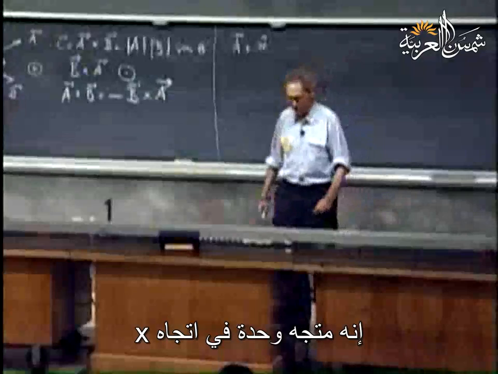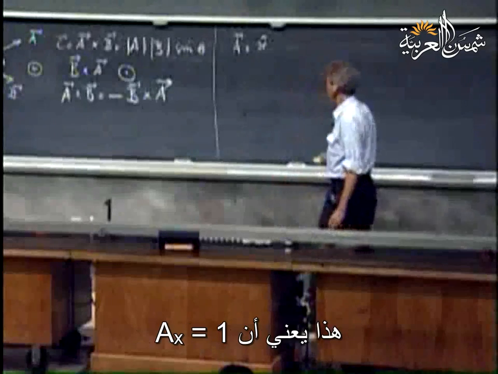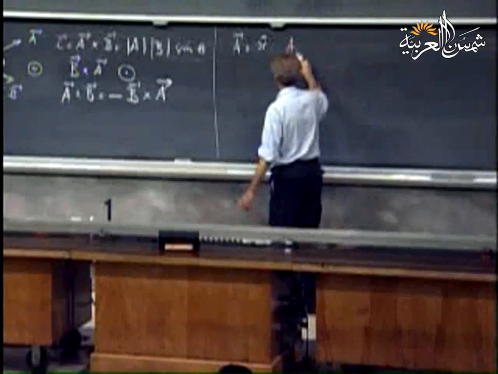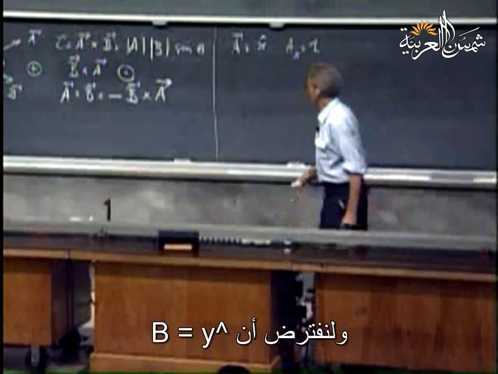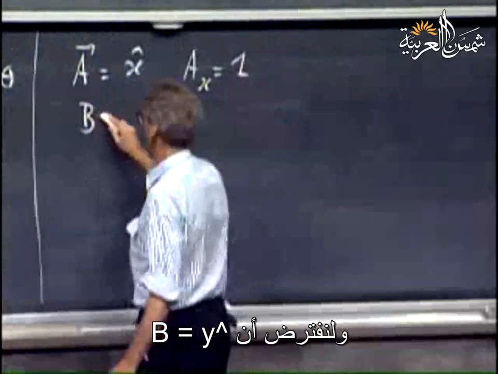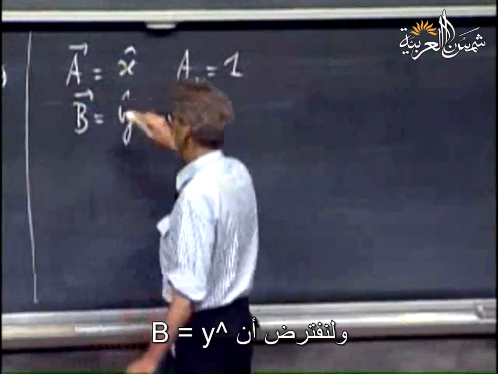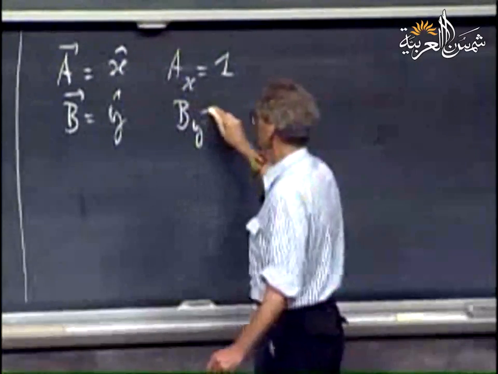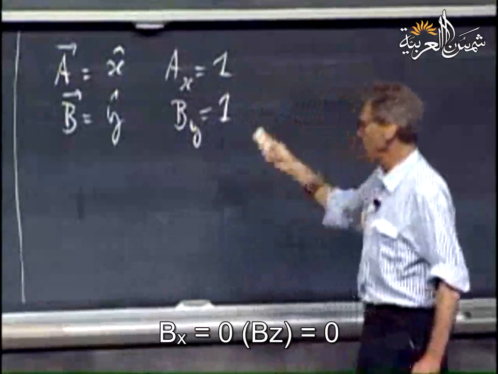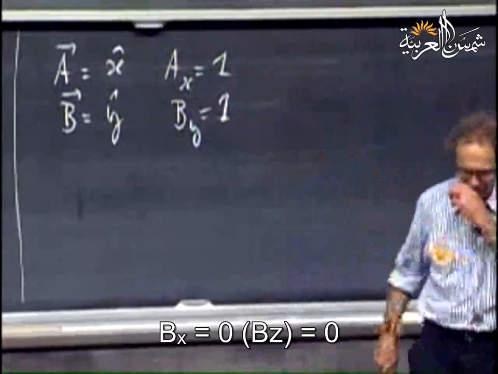It's a unit vector in the x direction. That means A of x is 1, and A of y is 0, and A of z is 0. And suppose B is y roof. That means B of y is 1, and B of x is 0, and B of z is 0.